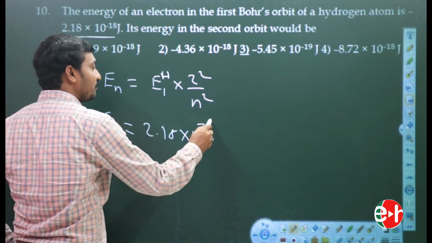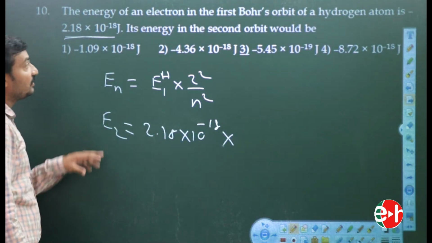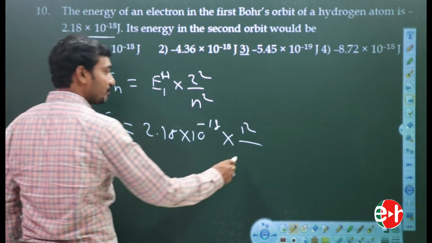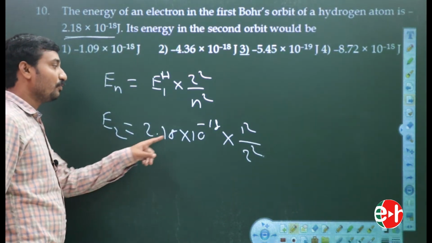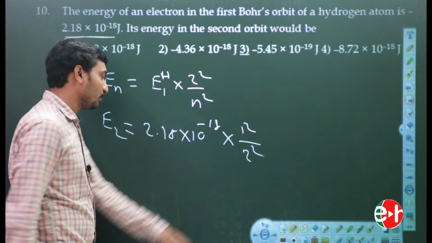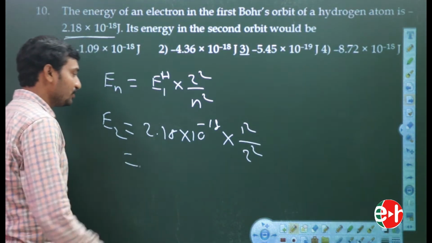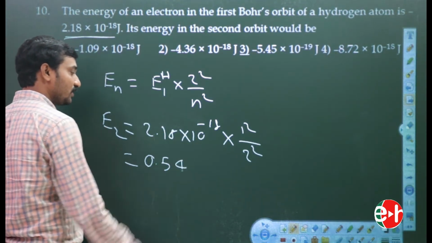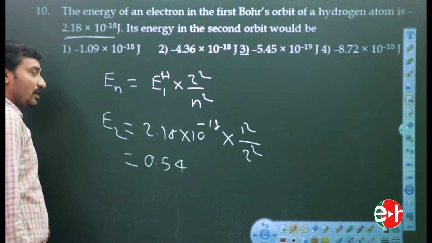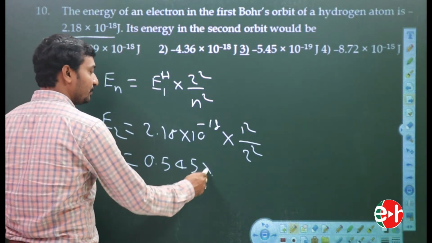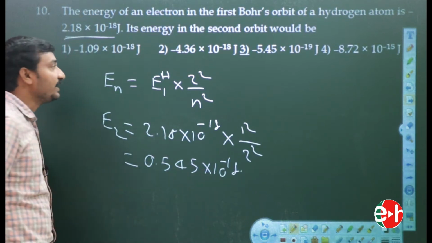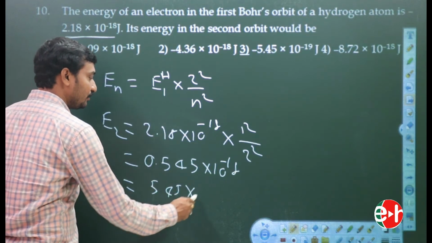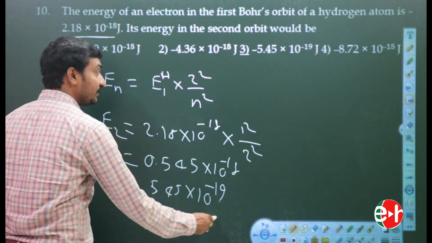2.18 into 10 to the power of minus 18 into Z value. Same atom, hydrogen atom, so Z value 1 square. But which orbit? Second orbit, so 2 square. So 2.18 by 2 square. 2 square means 4. So 2.18 by 4, we get 0.545 into 10 to the power of minus 18, or 5.45 into 10 to the power of minus 19.